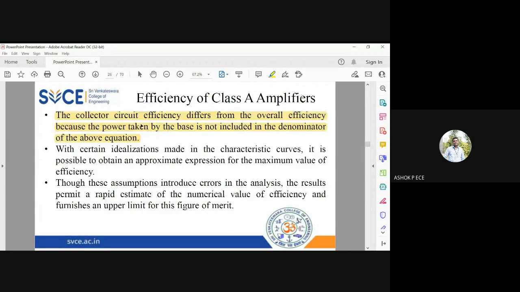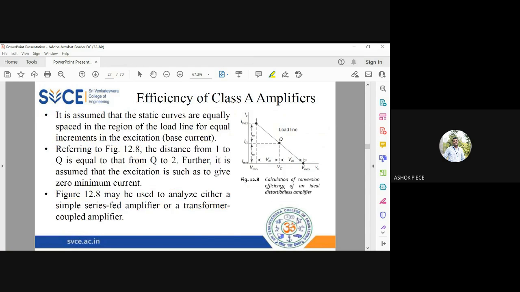We have not taken any loss happening on the base side of your transistor. If you consider everything, the efficiency will reduce even more. Without considering all these, we found the efficiency using ideal expressions. If we consider all factors, such as base power loss and emitter power loss, you will find that the efficiency value is slightly lower than the theoretical value you have got.